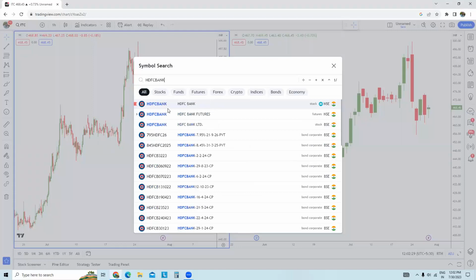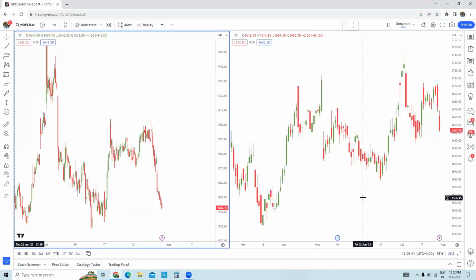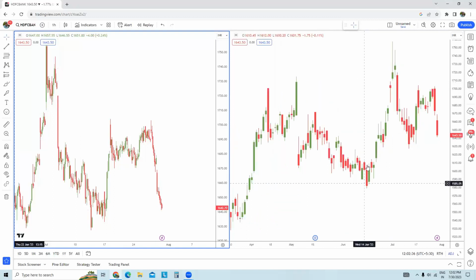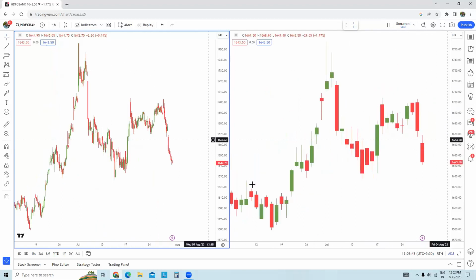Let's check HDFC Bank. Now in HDFC Bank, you can see that the stock has rallied, come down, and gone up again, and again it came down. Now let's have a look over here.